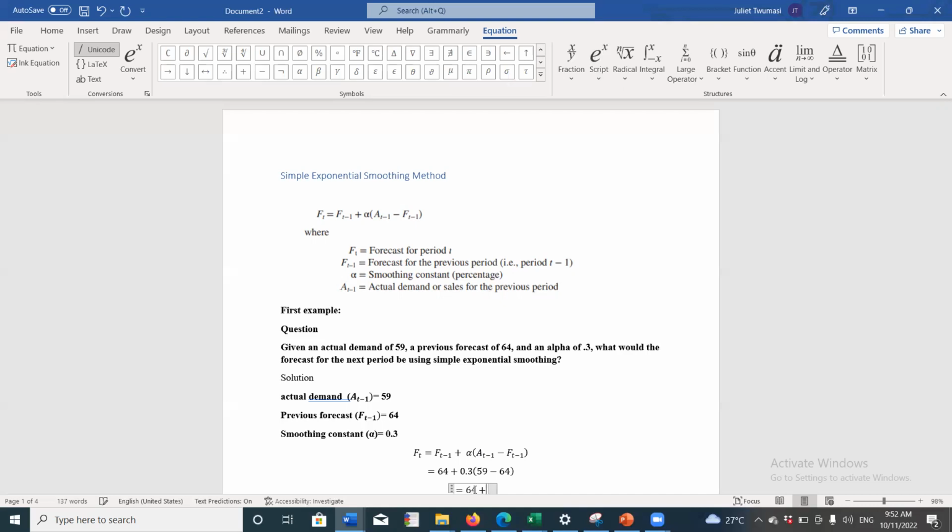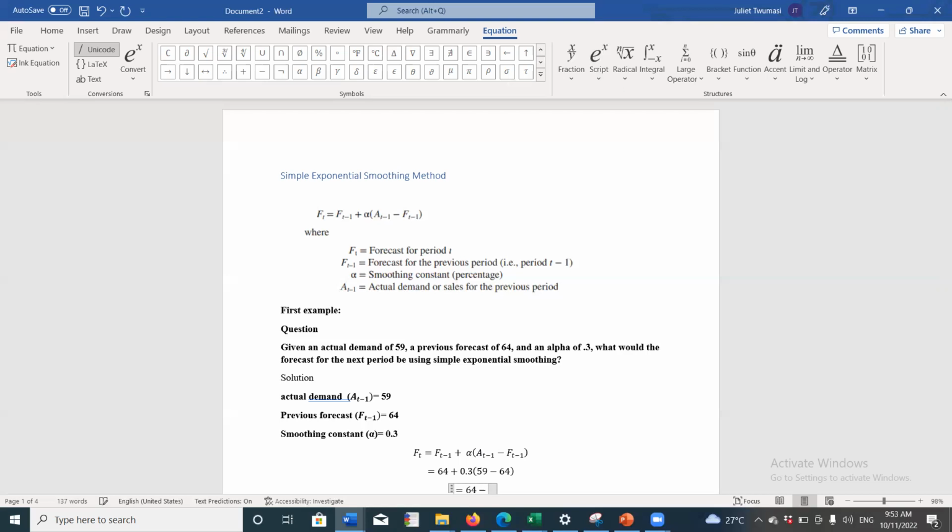okay, so let me start with the plus first and let's do the calculation step by step. So it's 59 minus 64. That gives us -5. And -5 multiplied by 0.3 gives us -1.5.